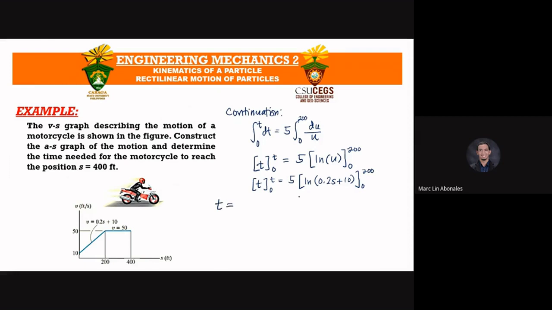For the right side, that is 5 ln of 0.2 times 200 plus 10, minus 5 ln of 0.2 times 0 plus 10, because it is upper minus the lower, so that is a minus sign.